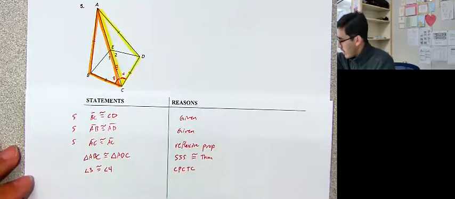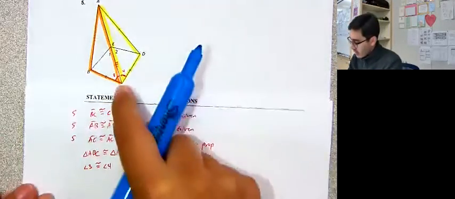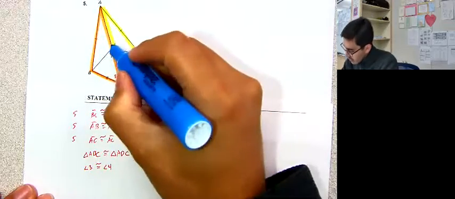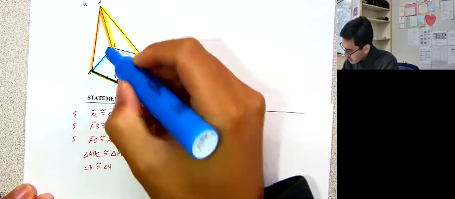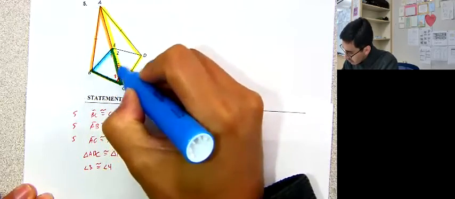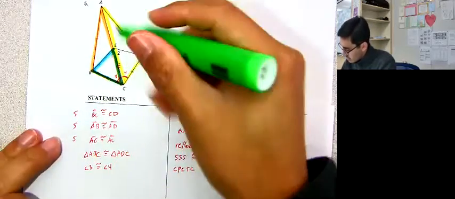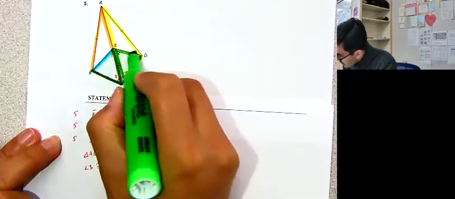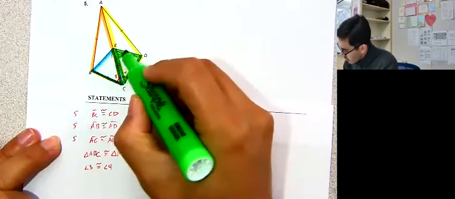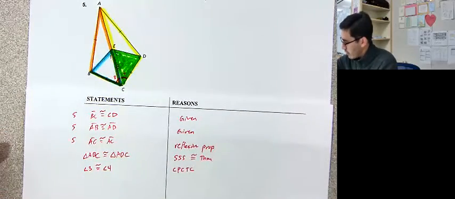Now, angles 3 and 4 are also angles within these other triangles. So we're going to look at this blue triangle as well as this green triangle. Maybe I'll color it in to make it stand out a little bit more.